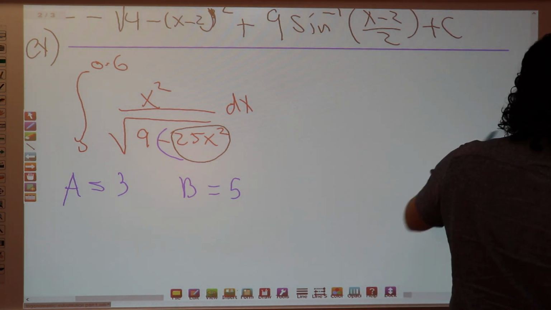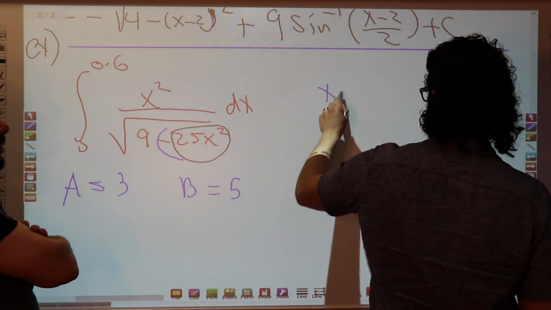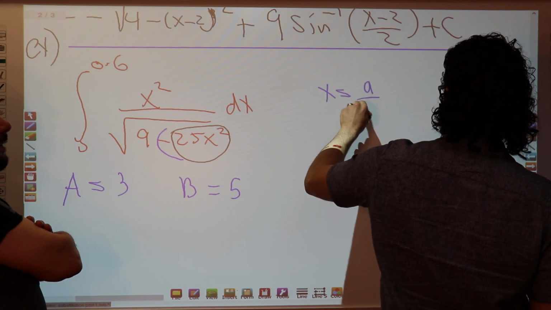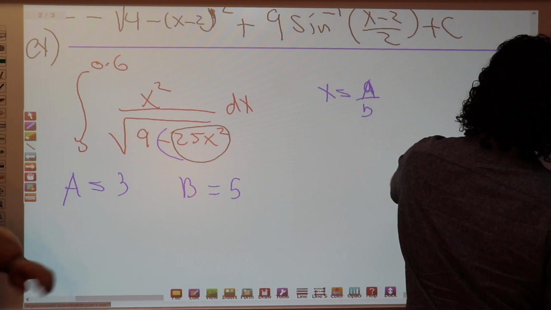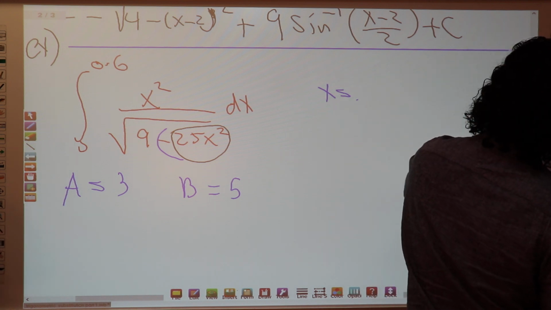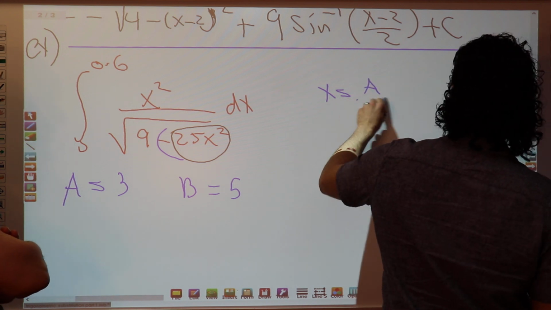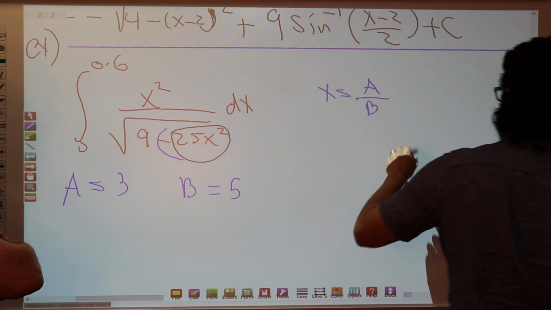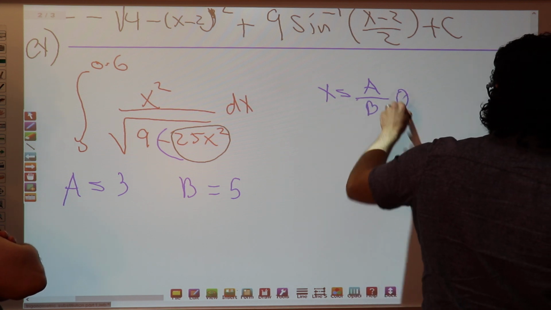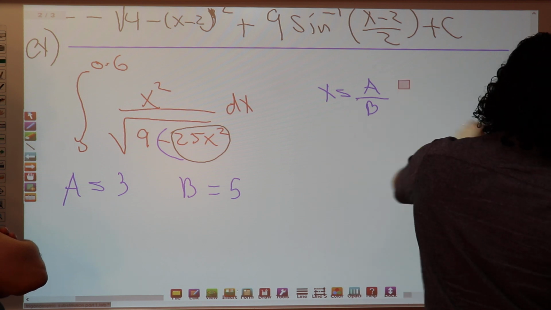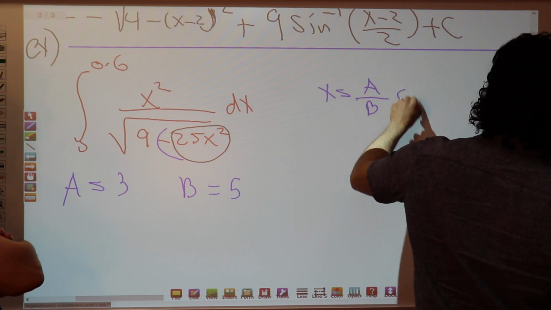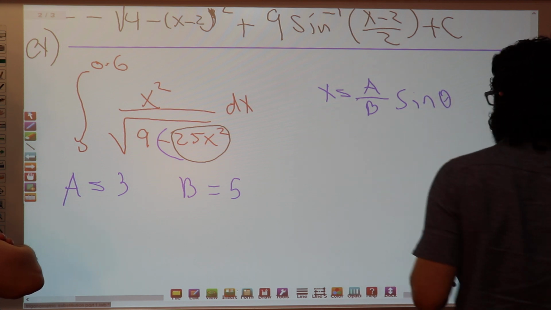Write down x equals A over B. A uppercase. I need to understand sine theta. Okay. Sine theta.